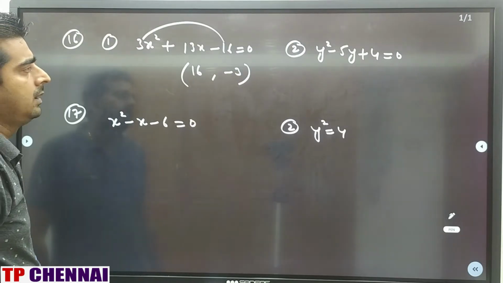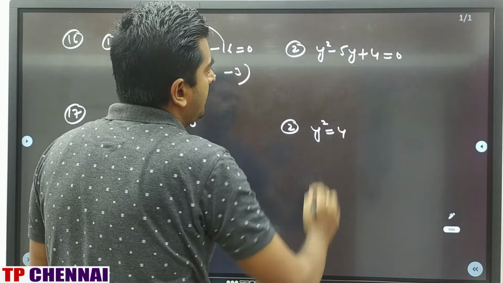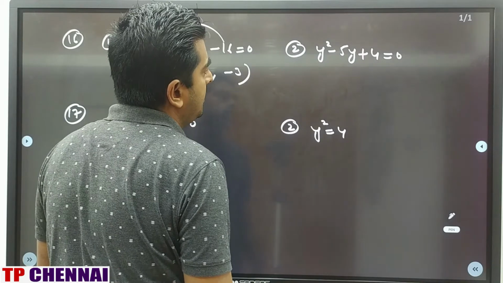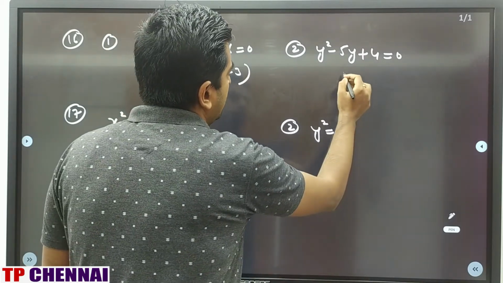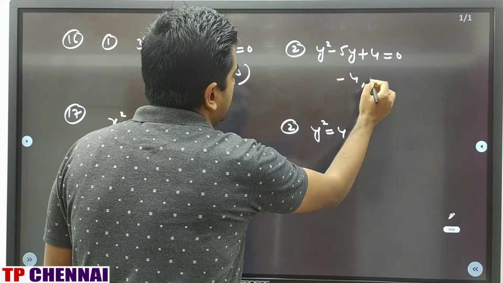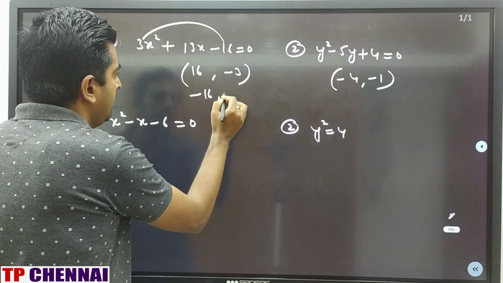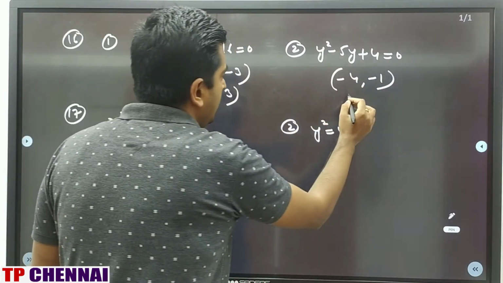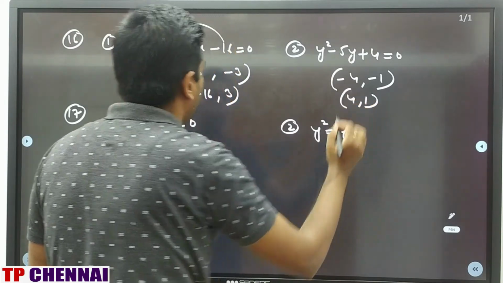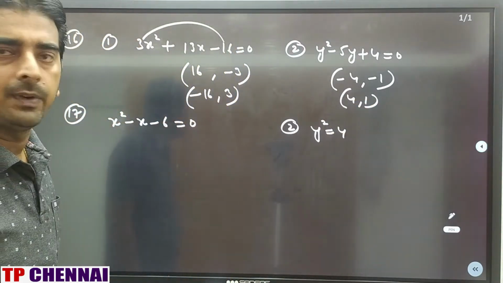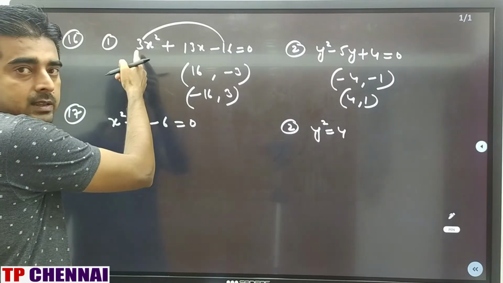Right? Next one here: y square minus 5y plus 4 is equal to 0. That means I should get 4 and 1. So minus 4, minus 1. So here it will be minus 16 by 3 and here it will be 4, comma, 1. Right? That is the final answer. But when you observe here, 3 is there.